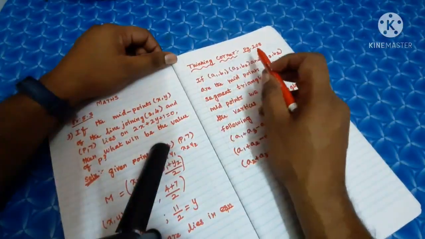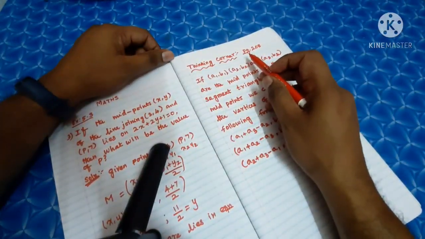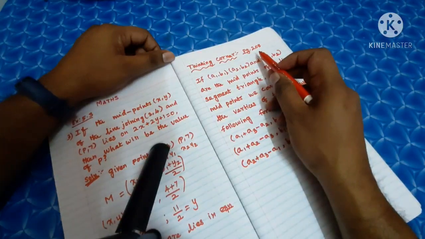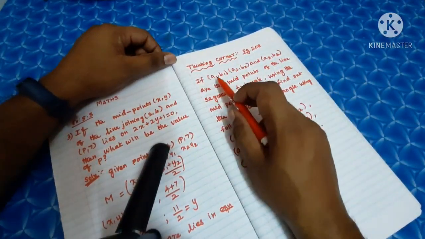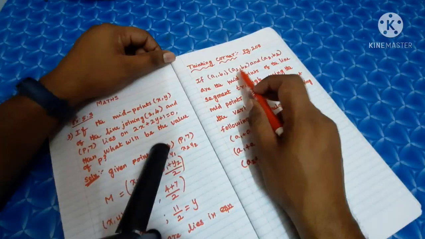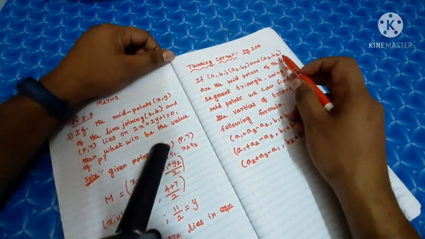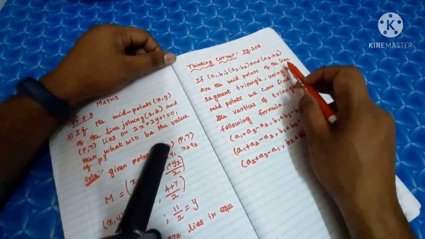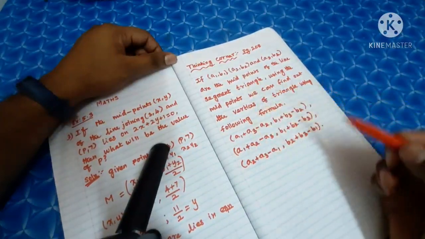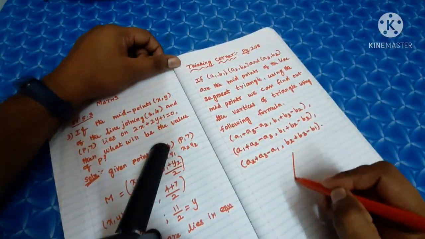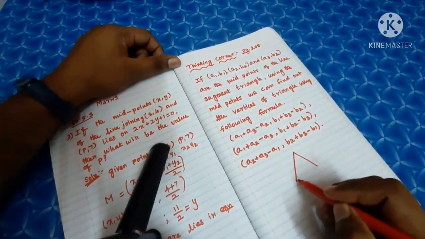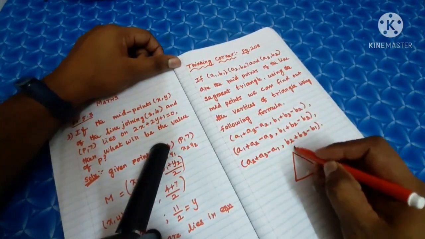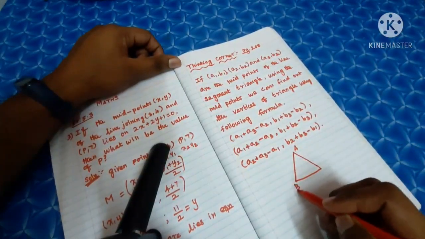Next, thinking corner. You can see in your book page number 208. If a1 comma b1, a2 comma b2 and a3 comma b3 are the midpoints of the sides of a triangle, imagine a triangle ABC.